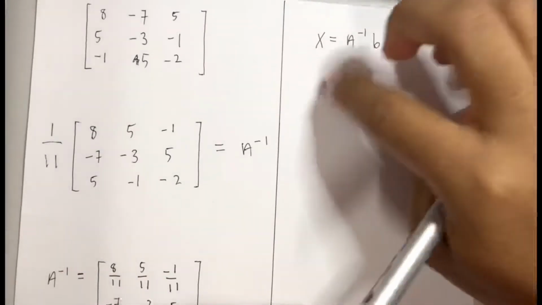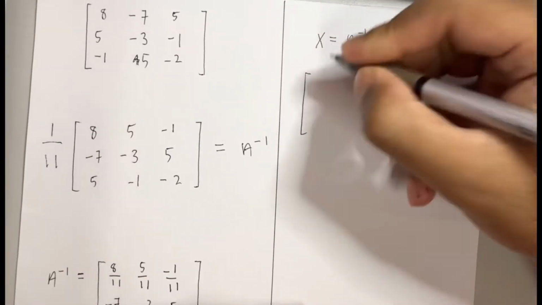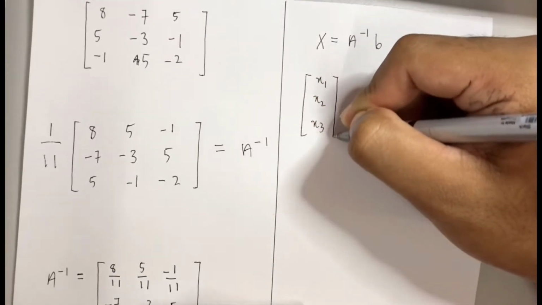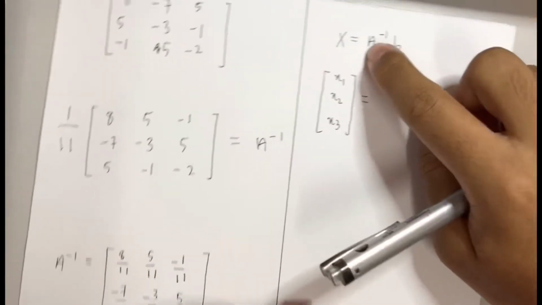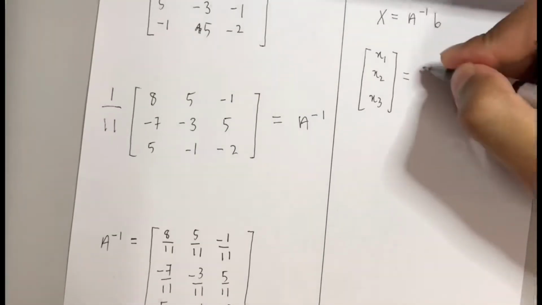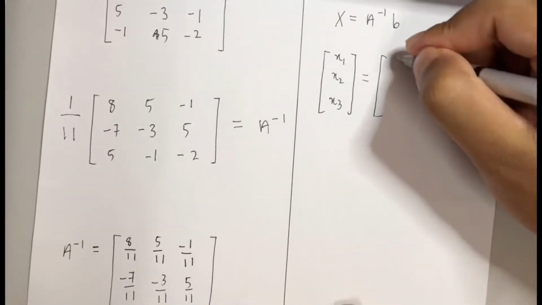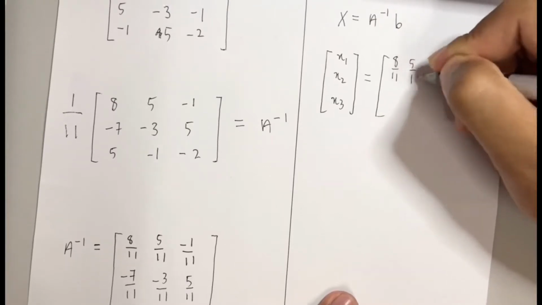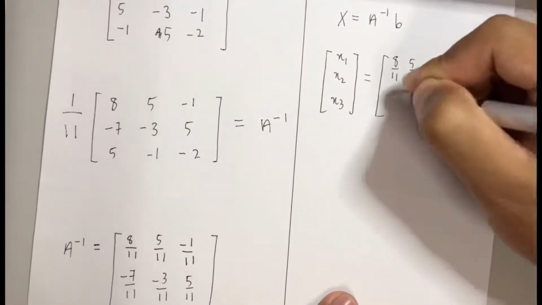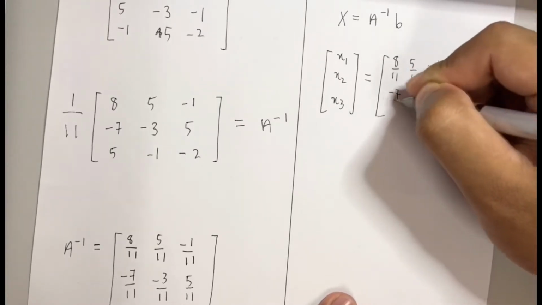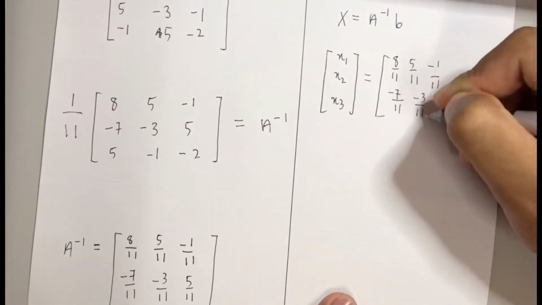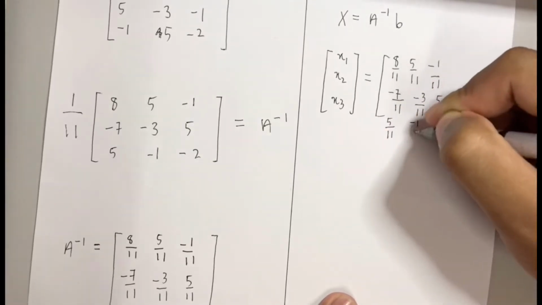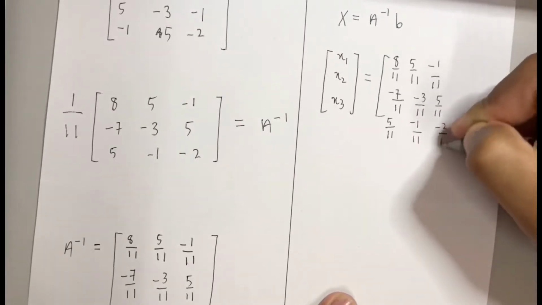So you can find x1, x2 and x3. The inverse matrix is 8 over 11, 5 over 11, negative 1 over 11, negative 7 over 11, negative 3 over 11, 5 over 11, 5 over 11, negative 1 over 11, negative 2 over 11.